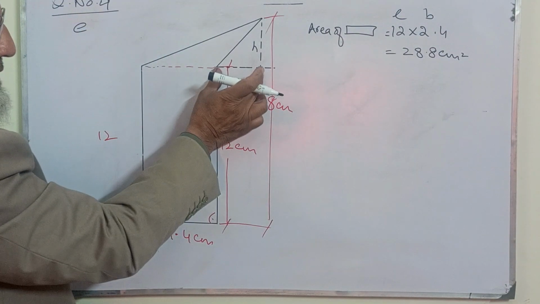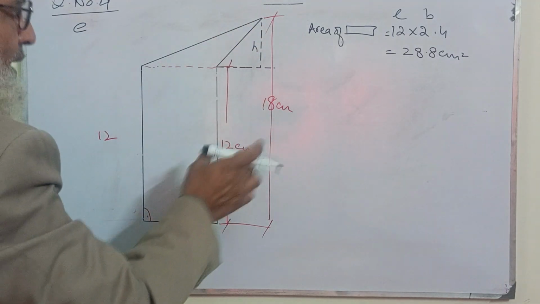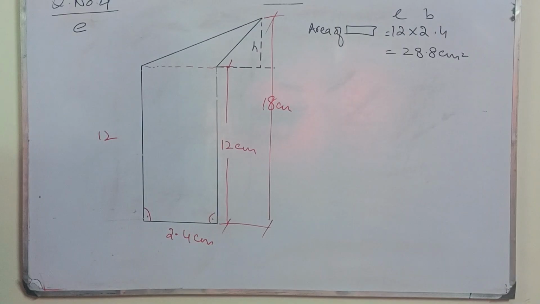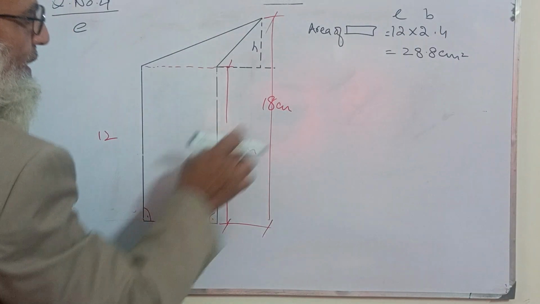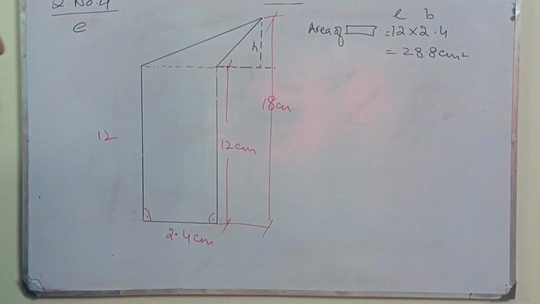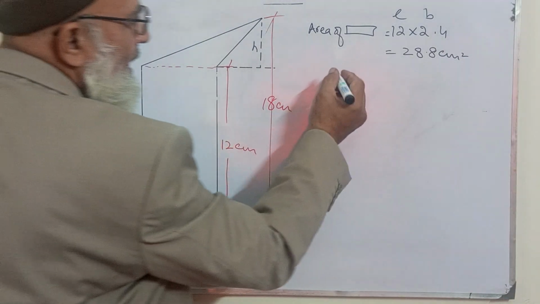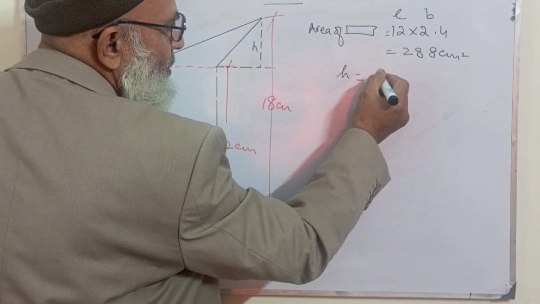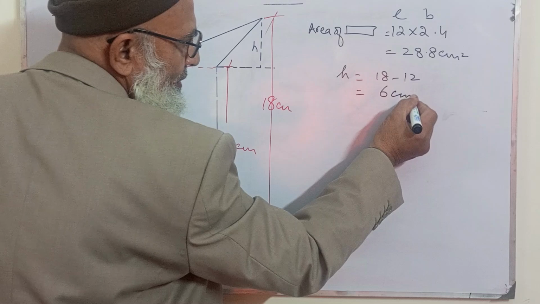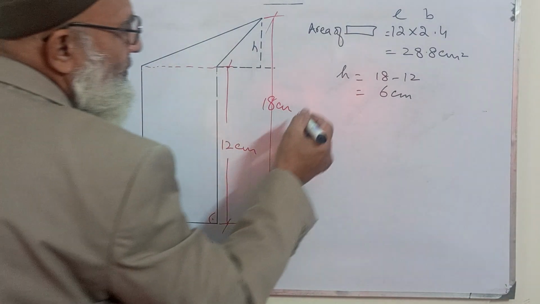Now this height is required by you, and it is very simple. This is the longer height, this is the shorter height. Just subtract the shorter height from the larger height, and you will get this height. Now h is equal to 18 minus 12, that is equal to 6 centimeters. You found the h, then it is very easy.